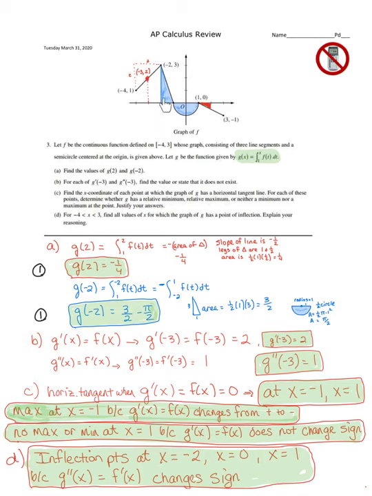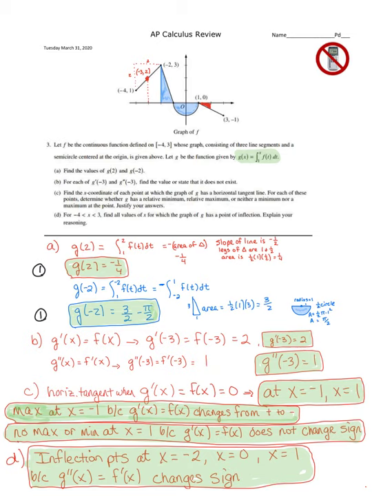And since f of -3 is 2, g prime of -3 is 2, because they're the same. And then the second derivative: if g prime equals f of x, g double prime will equal f prime of x. So if we want g double prime of -3, I need the slope of this line, which we already determined was 1. So that's that.